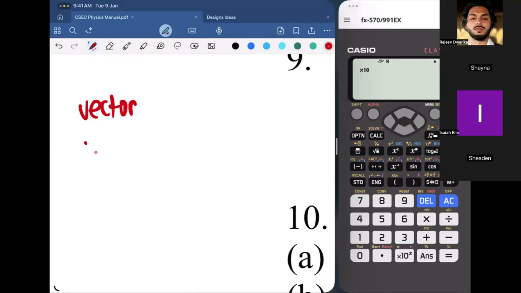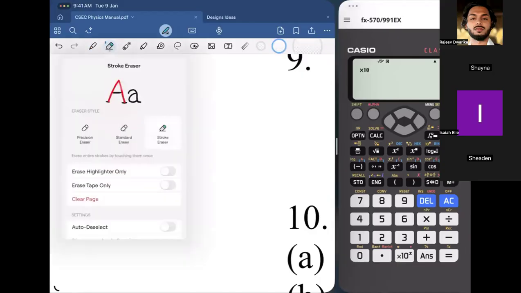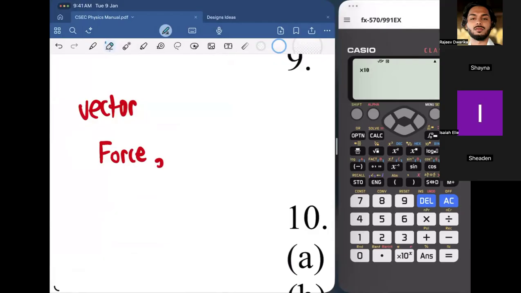A vector quantity would be like a car moving. That is not a quantity. A quantity would be like force. So an example of a vector quantity is force. What else? Displacement. Acceleration. And what starts with V?